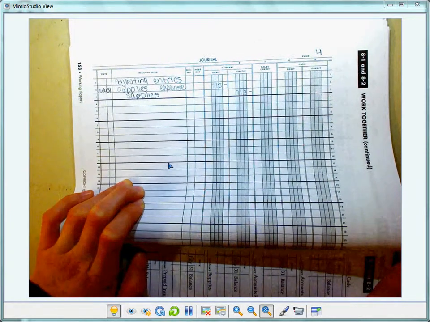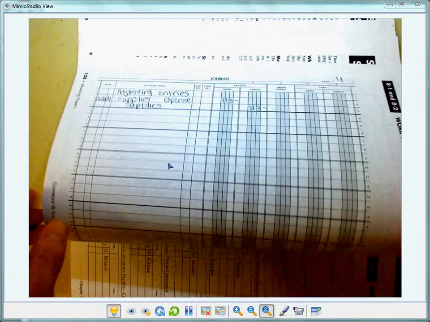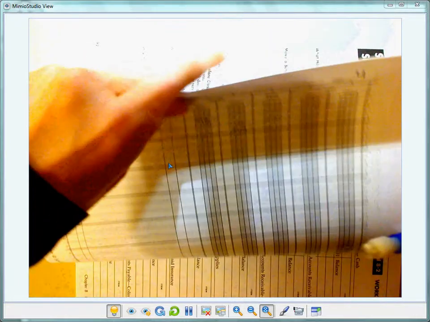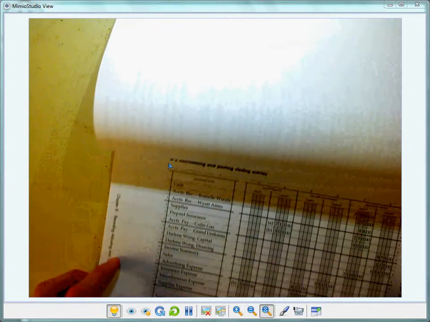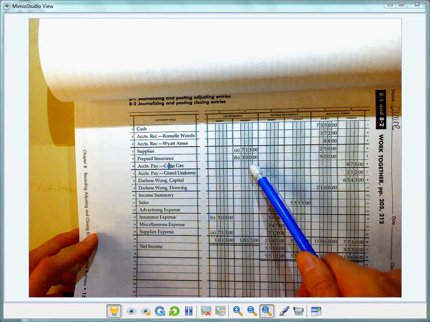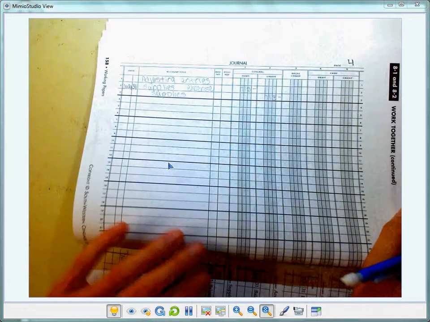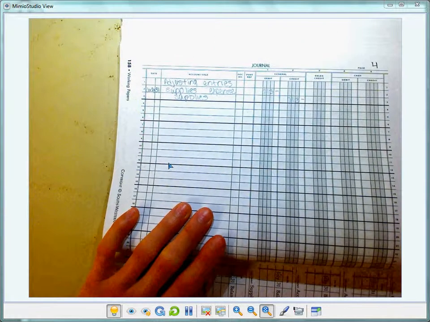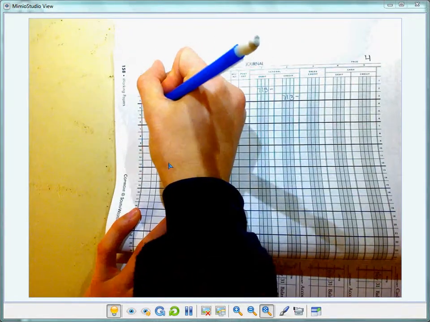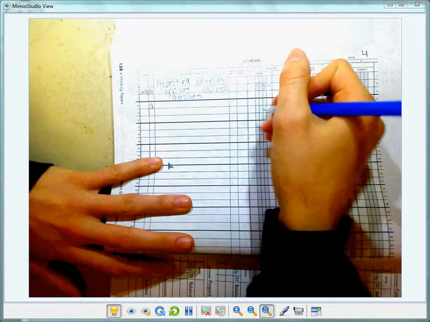Okay, then, Morgan Haas, what's our other adjustment? Okay, and what else goes with insurance? Prepaid insurance and insurance expense. Okay, so back on page 158, we'll just put the 31st there in our date column again. So we want our debit first, so that's going to be our insurance expense.